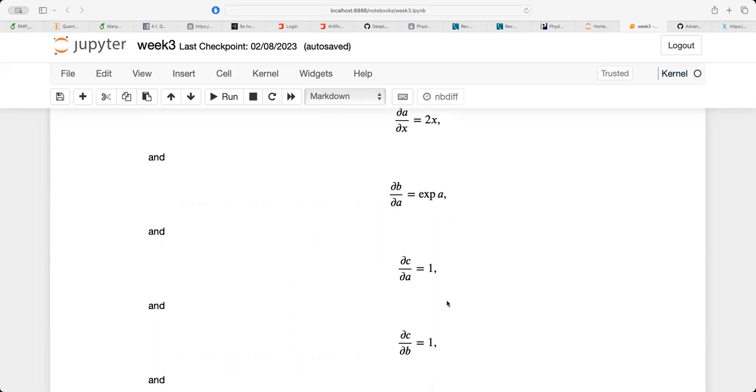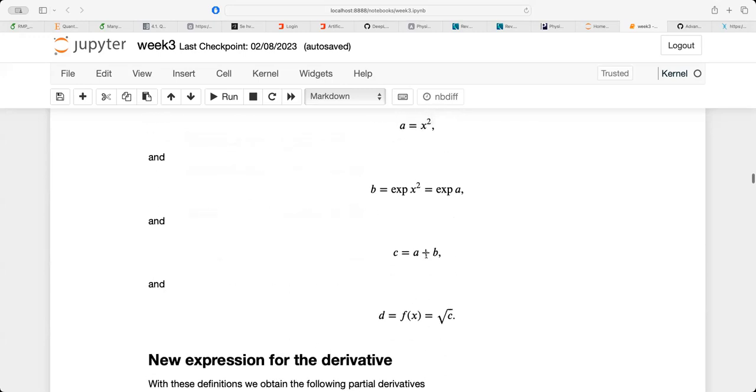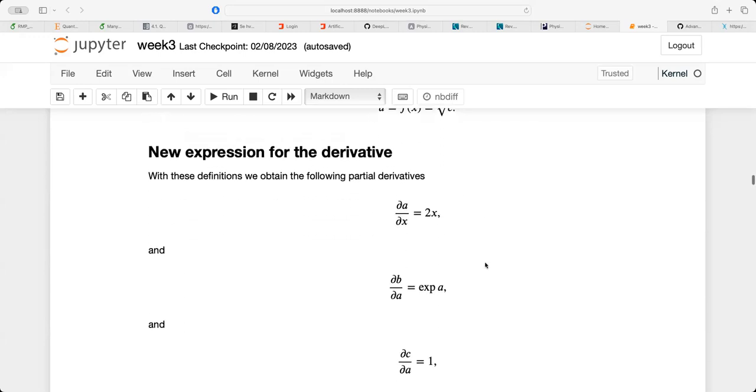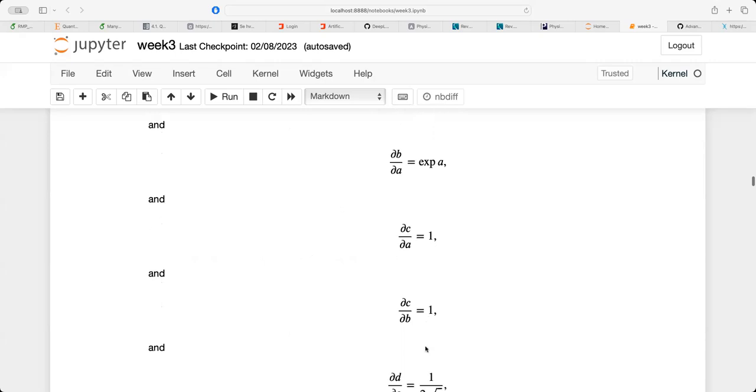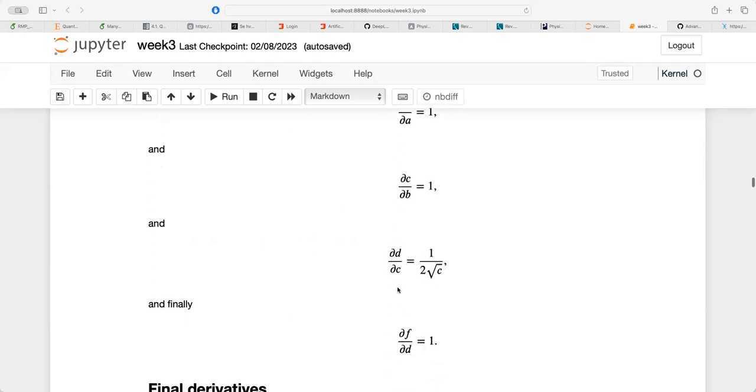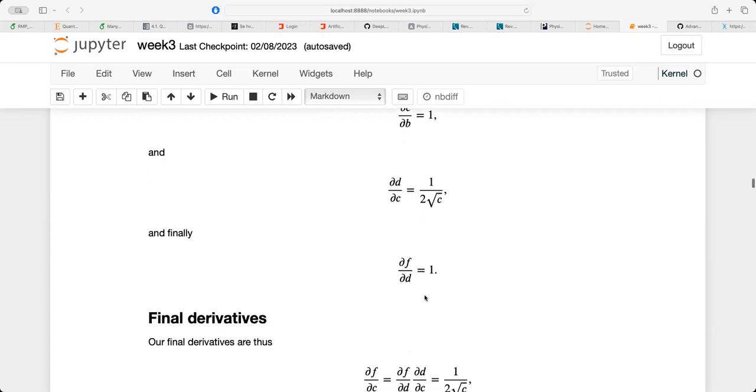You have access to the slide, so if it's going a little bit too fast, you can always revisit the mathematics here. I have dC dA, which is equal to 1 by obvious reasons, because c is just a plus b. And then I get dC dB, and then I get dD dC, which is given by this quantity, and then dF dD.